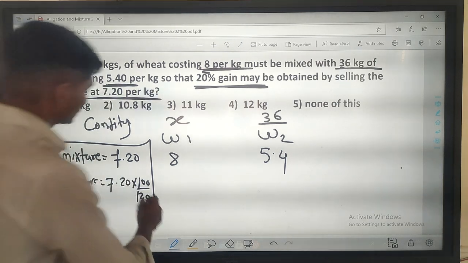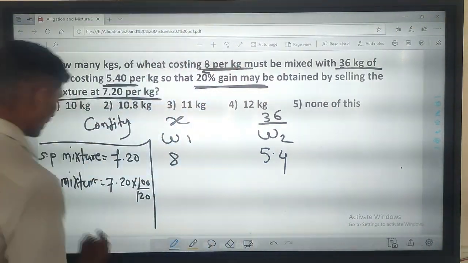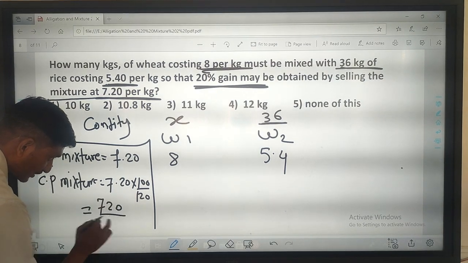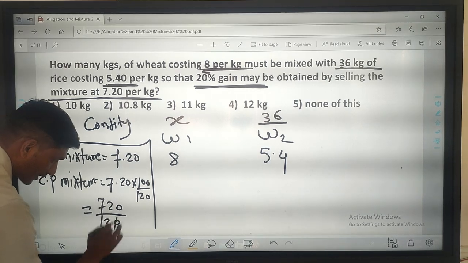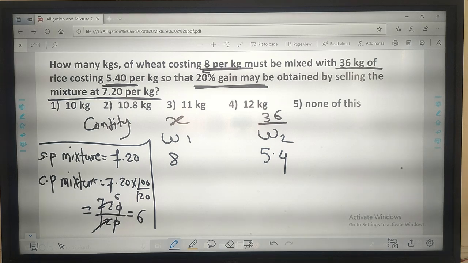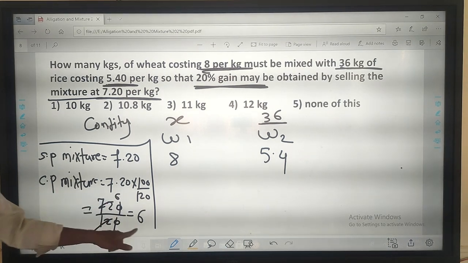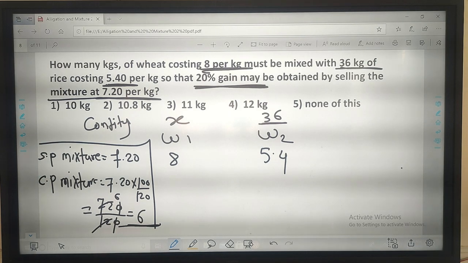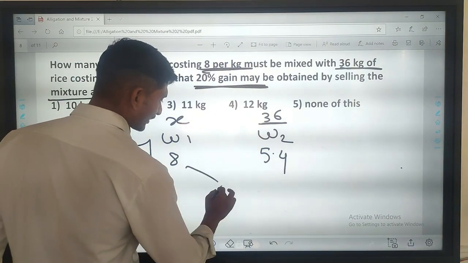Now solve: 720 divided by 120. Then the CP of the mixture is 6 rupees per kg.